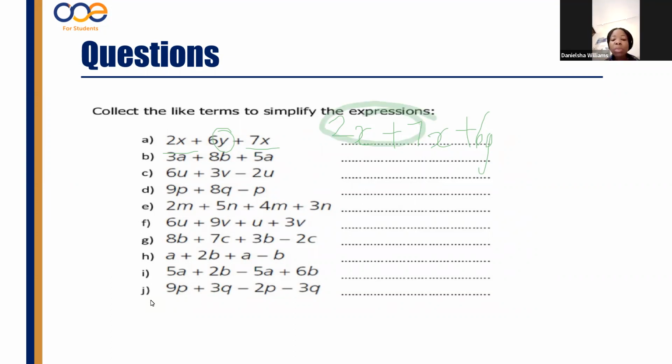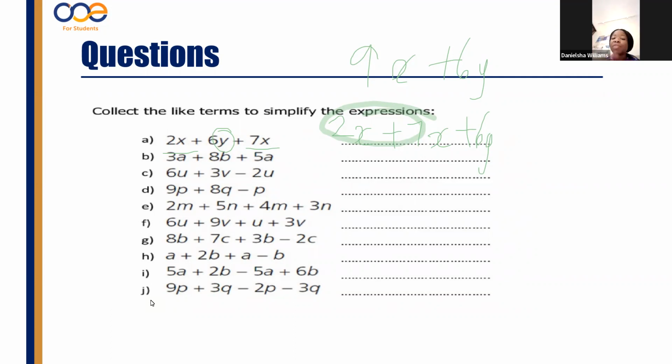When we add them up, what do we get, Courtney? 2x plus 7x, what do we get? It's 9x. So the final answer is going to be 9x plus 6y. As we have this, we cannot do anything else after that, because these two terms are now unlike.